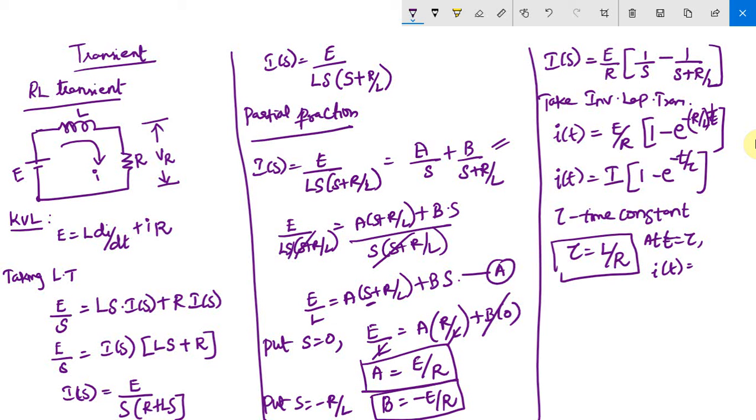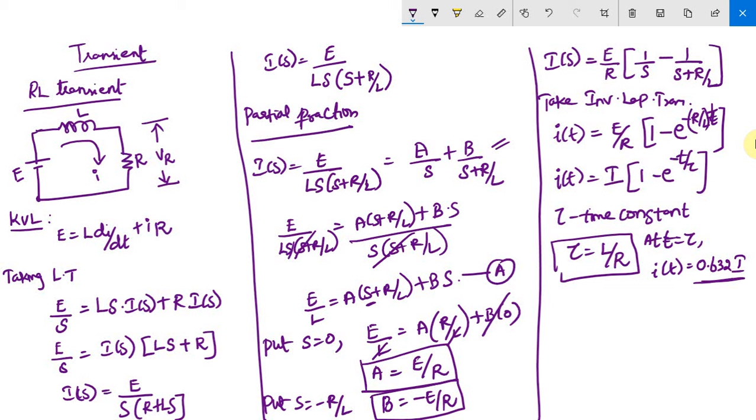If we simplify it, we will get 0.632 I, which indicates that at time t = tau, the RL transient has reached 63.2% of its final steady state value. So what do you mean by time constant? Time constant is the time taken by the circuit to reach 63.2% of the steady state current.